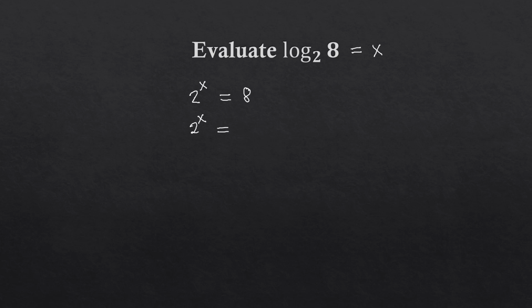This is now 2 to the power of 3, because 2 times 2 times 2 is 8. Since our bases are the same, following the property of exponential form, our exponents are also equal. So log of 8 to the base of 2 will be equal to 3.